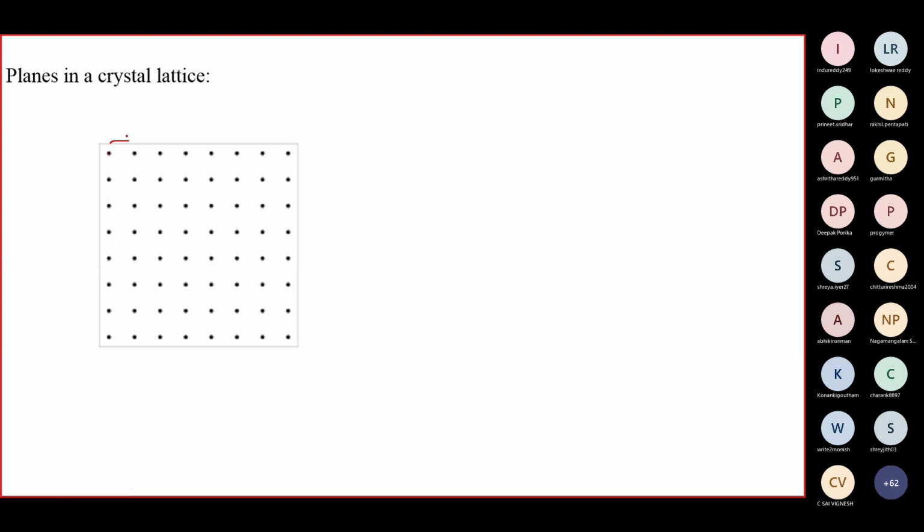First, you find out what is A. Then you start from here. Find out what is B. Go on repeating these lattice points along this direction. You get the lattice. You agree?